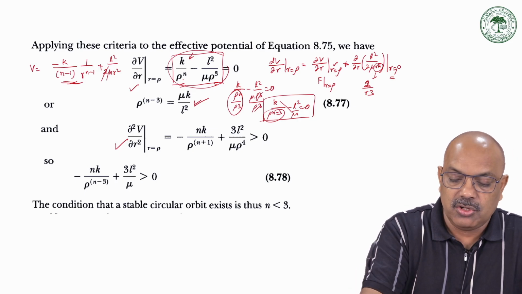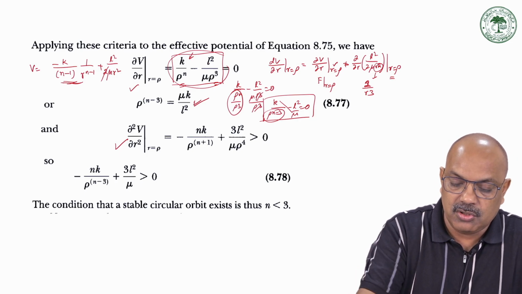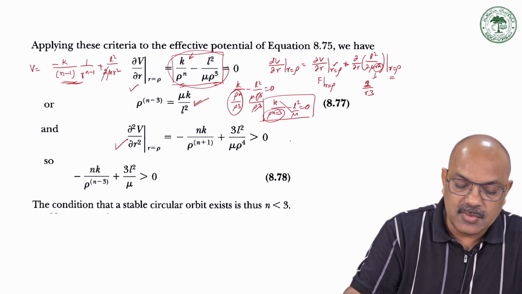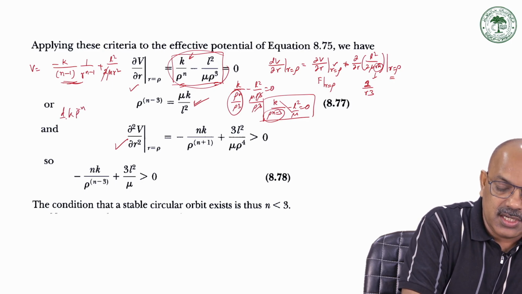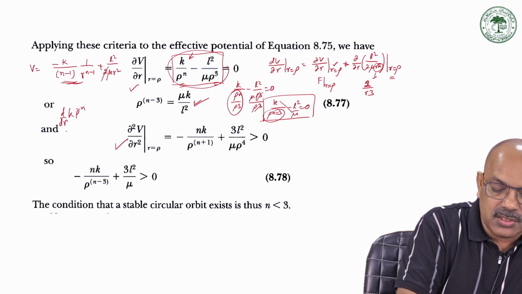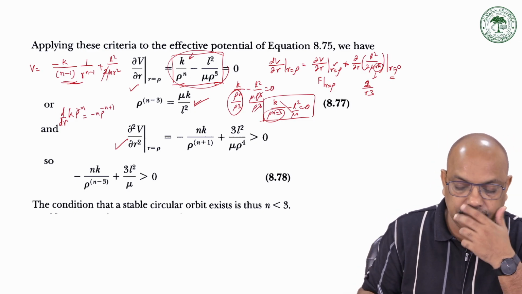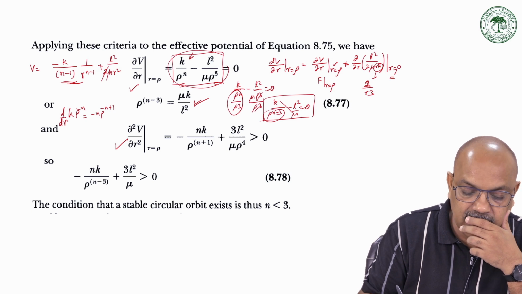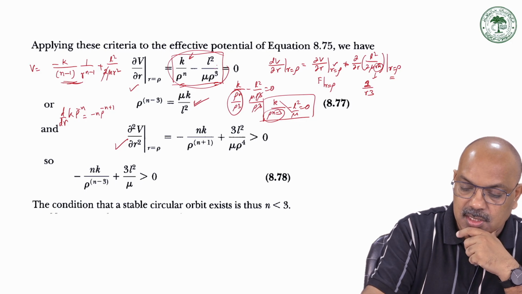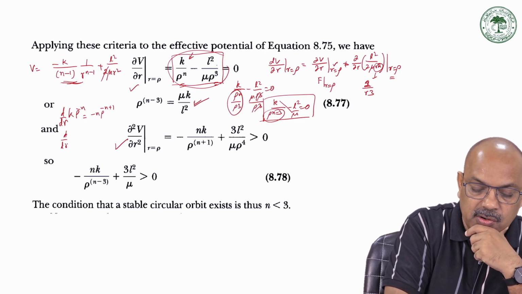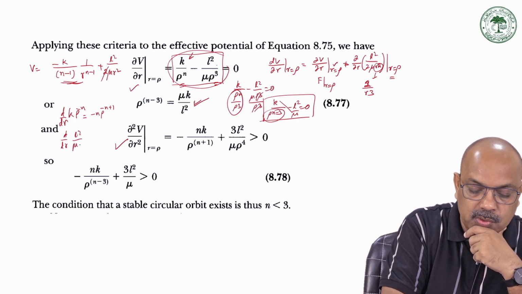If we double differentiate it, this is k rho minus n. If I am differentiating it with respect to r, this is going to be minus n rho to the power minus n plus 1. And then what I'm going to get is d dr of L square upon mu rho cube.